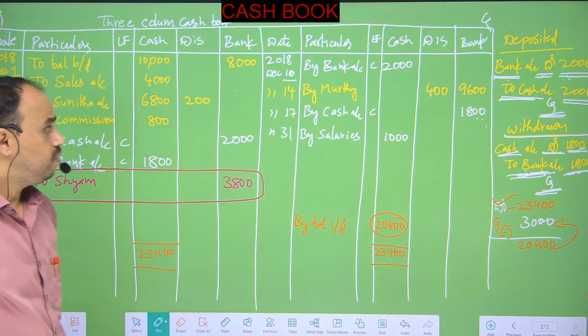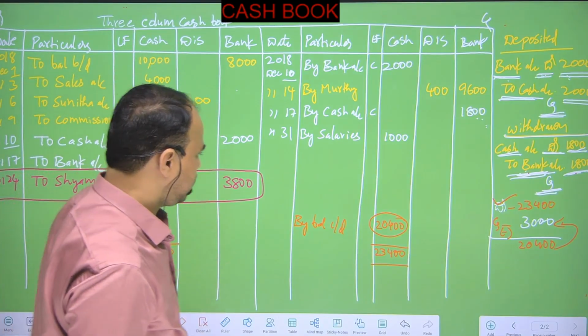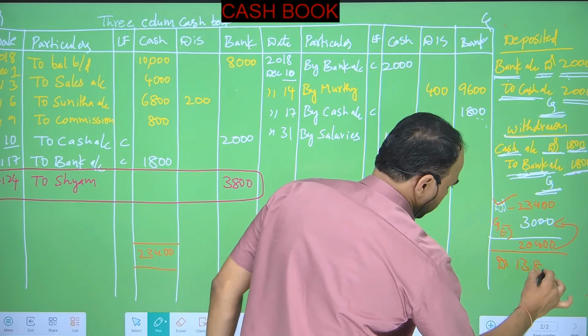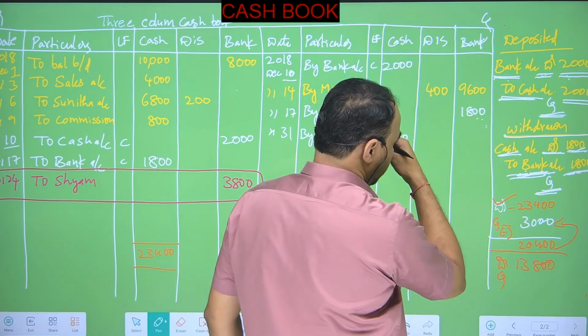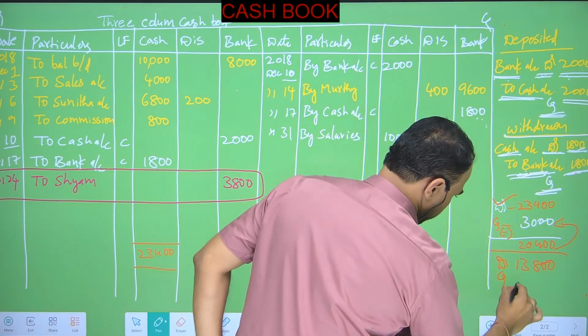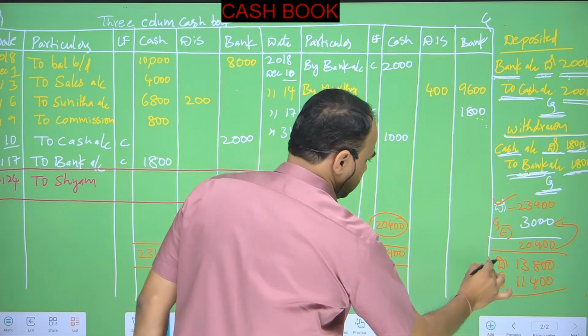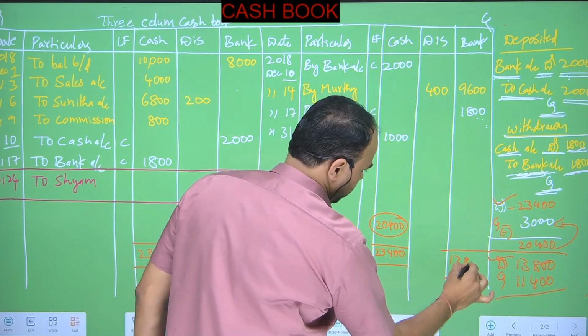Similarly, we have to do the bank column. Debit side bank column total: 8 plus 2 is 10, 10 plus 3 is 13,800. Now do the credit side total: 9 plus 1 is 10, 10,800, 11,400. Of these two, debit is the big amount, so on both sides write that debit amount, 13,800.